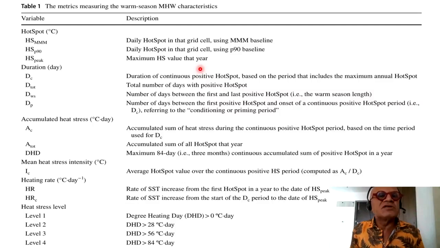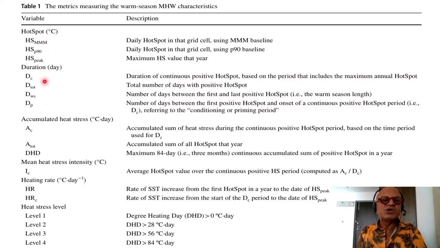But leaving those kinds of details aside, here is a table of the metrics measuring the warm season marine heat wave characteristics. Hotspot, as we said, based on maximum monthly means or 90th percentile, and they also define a peak hotspot value.